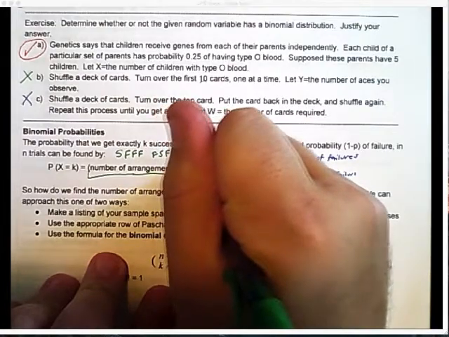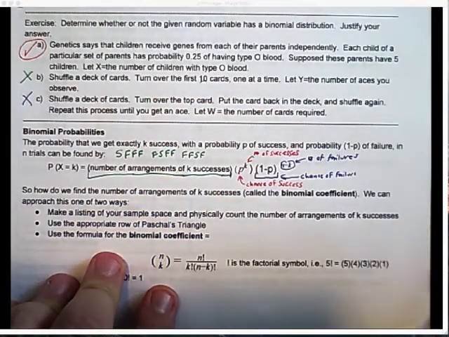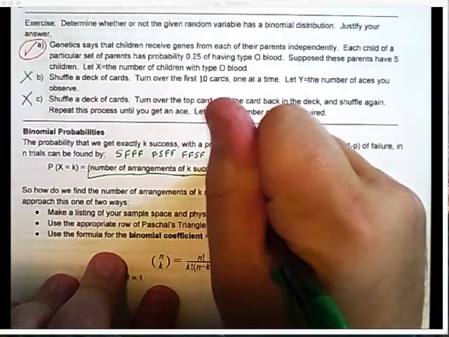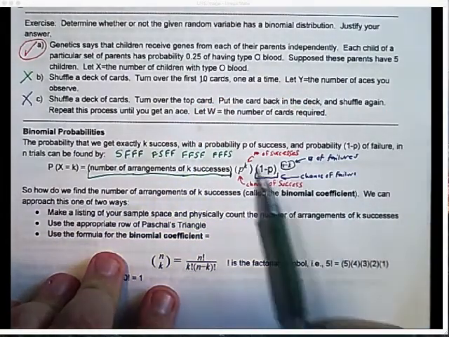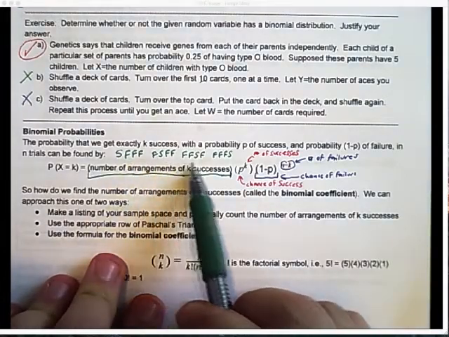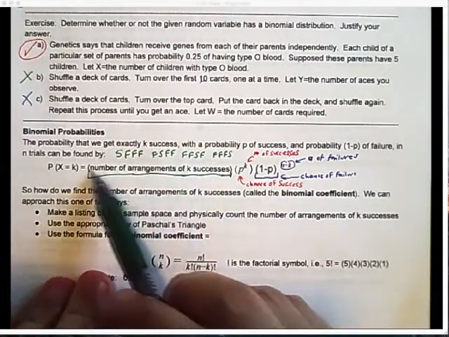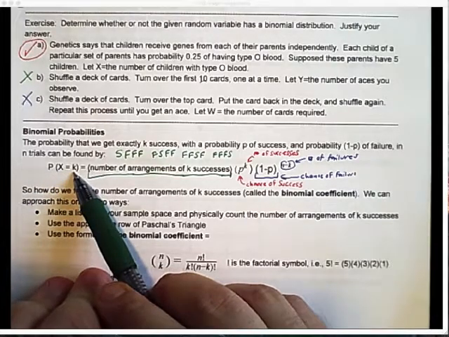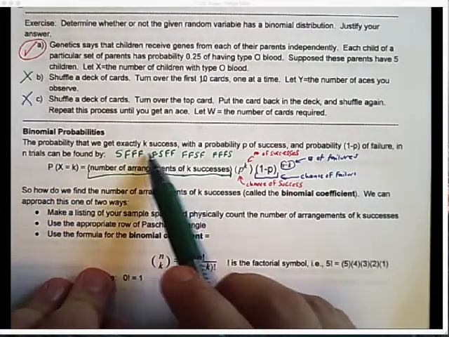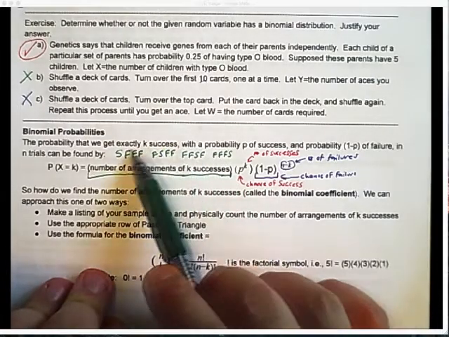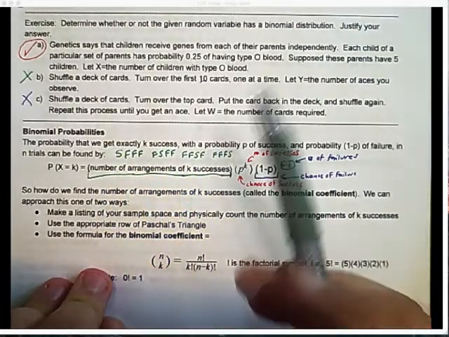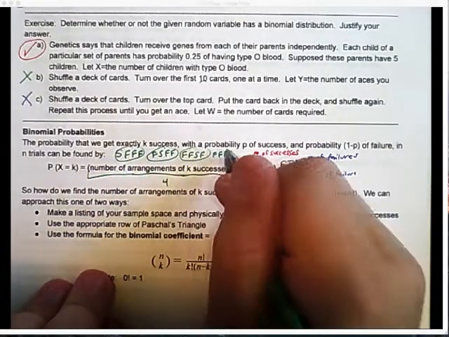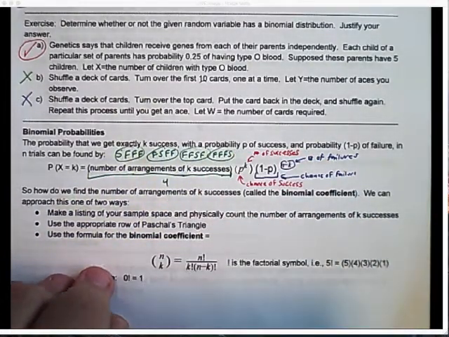You could have 2 failures, a success, then failure, and then you could have 3 failures and then a success. In this case, we would be finding the probability that X equals 1, the probability that I get exactly 1 success, but there's 4 unique ways that I could get 1 success. So since there are 4 unique ways to get 1 success, I would put a 4 in front.